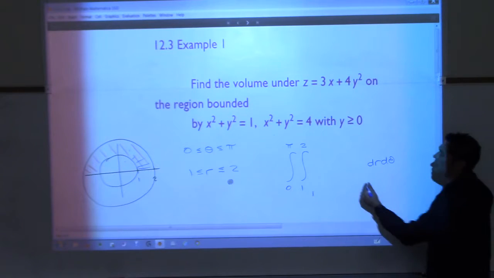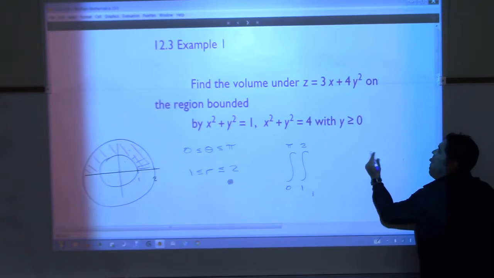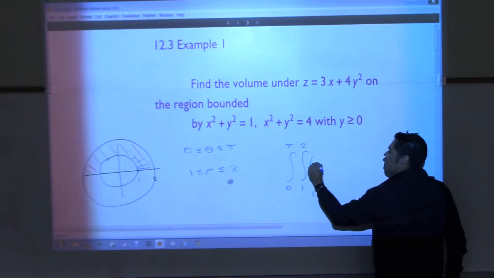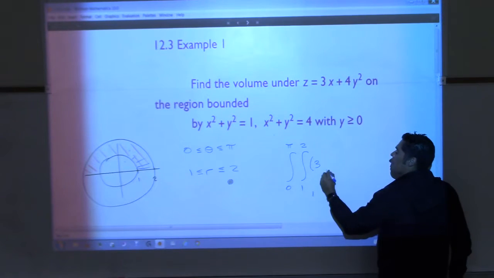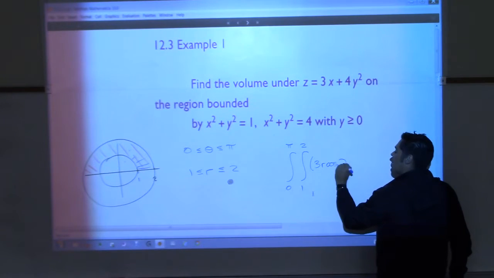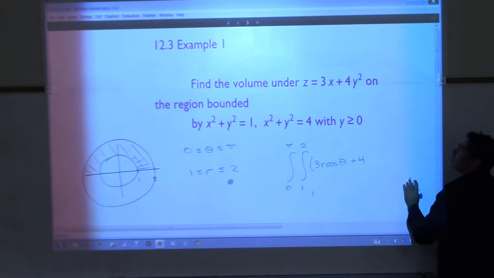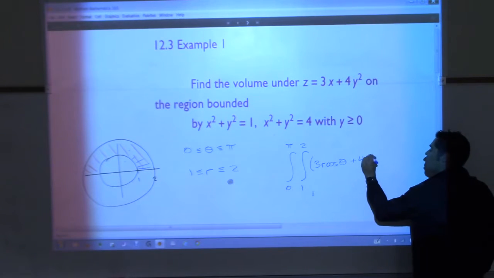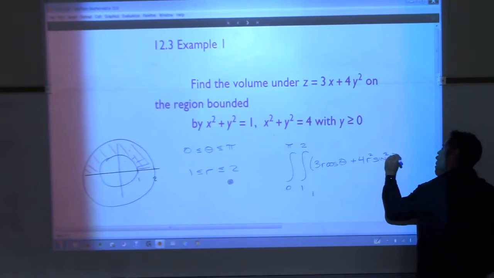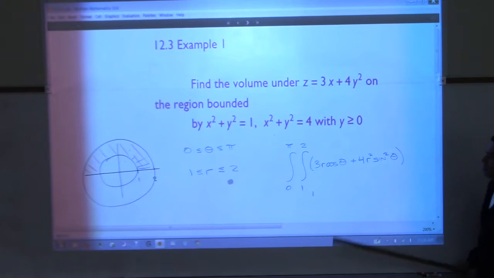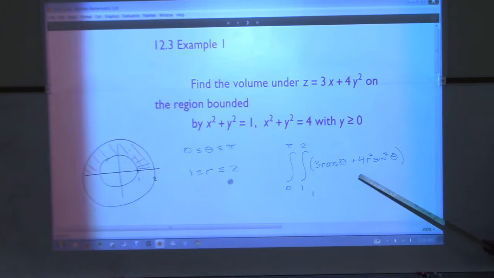So this is going to be 3 r cosine theta plus 4, and then y is being replaced with r sine theta, so r squared sine squared theta. Does everyone see that this is x plus 3x plus 4y squared?